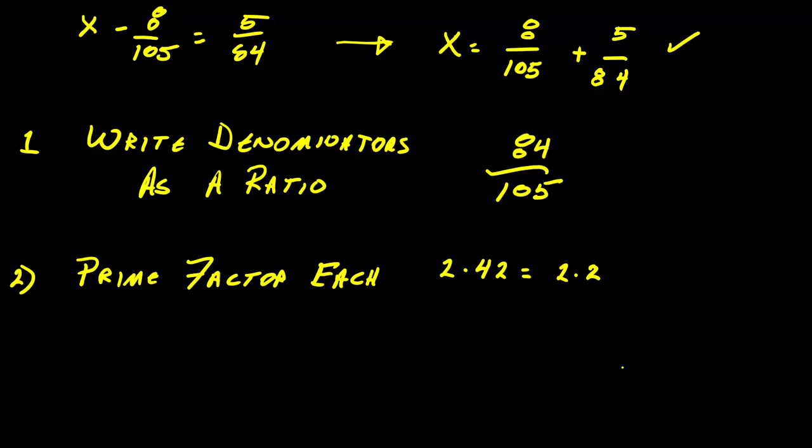I'll factor out a 2. 42 divided by 2 is 21. And since the 2 digits in this number add up to 3, I know that 3 is one of my prime factors for that. And I go through the whole thing. 2 times 2 times 3. 21 divided by 3 is 7. Those are the prime factors for 84.